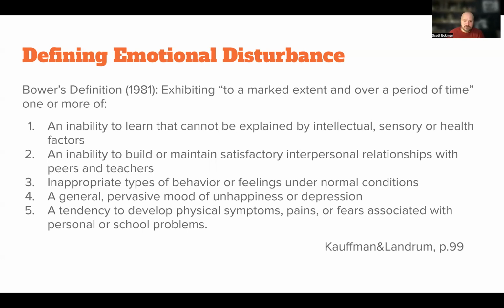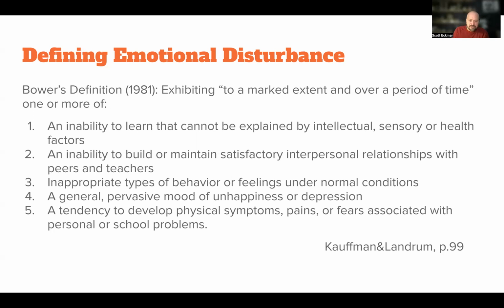An inability to learn that can't be explained by other factors, intellectual, sensory, or health factors; an inability to build or maintain satisfactory relationships with peers and teachers; inappropriate types of behavior or feelings under normal conditions; a general pervasive mood of unhappiness or depression; and a tendency to develop physical symptoms, pains, or fears associated with personal or school problems. This is where some of the federal definition started, from Bower's work in 1981.